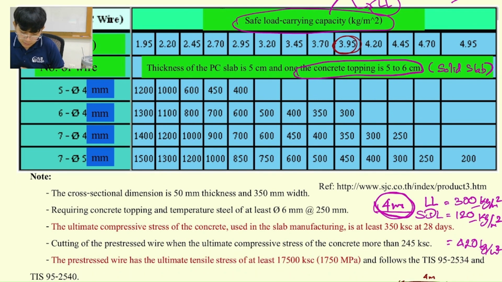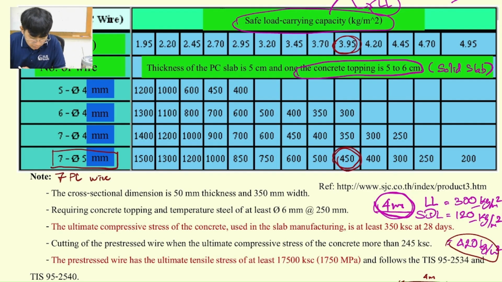Okay, and then right now I already chose 3.95, and my safe load is going to be 420 kilograms per square meter. I need to choose this one. When I order, I need to tell them that I'm going to use the one with 7 PC wire, and each wire is supposed to have a diameter of 5 millimeters.